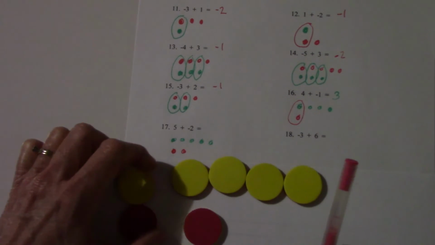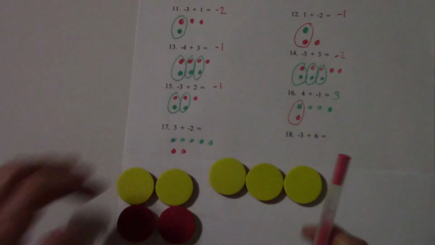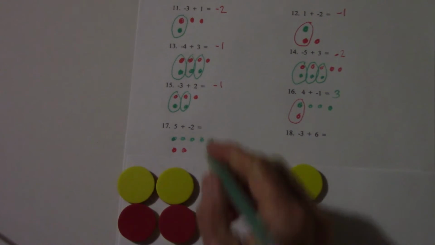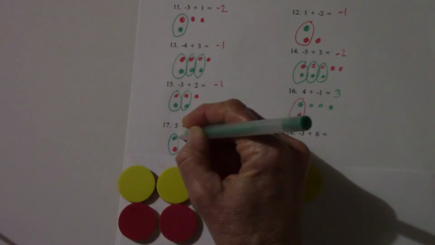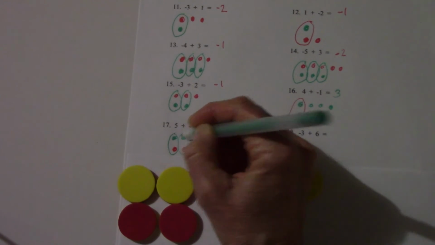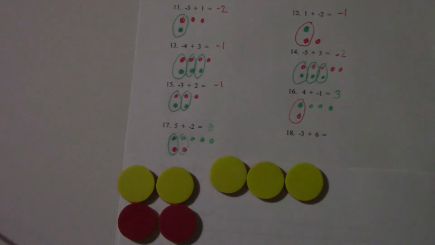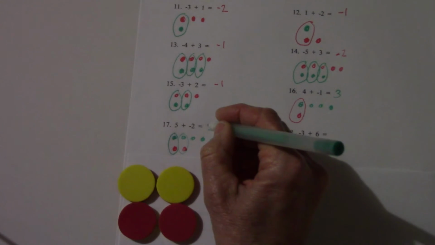I have 2 0 pairs, so I'm left with +3. So here's my 0 pair. It doesn't matter what color I circle them. And I'm left with a +3. So why is this answer positive?